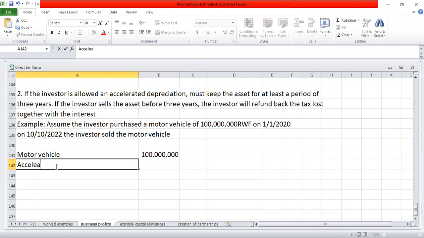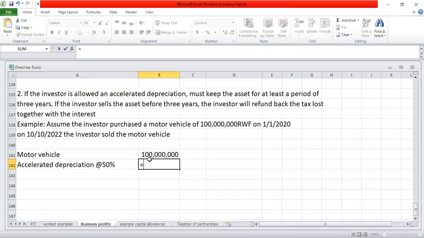That is at 50%. So it means this amount times 50%. That's going to be my accelerated depreciation.